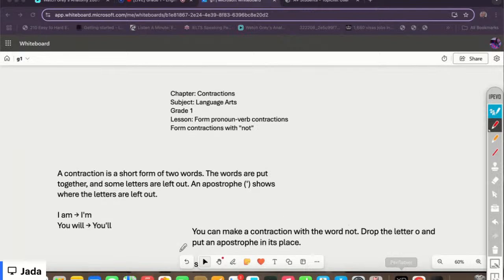Okay, so first, a contraction is a short form of two words. The words are put together and some letters are left out. An apostrophe shows where the letters are left out.